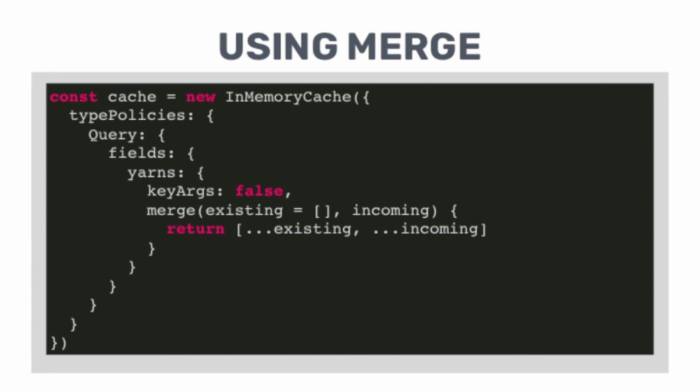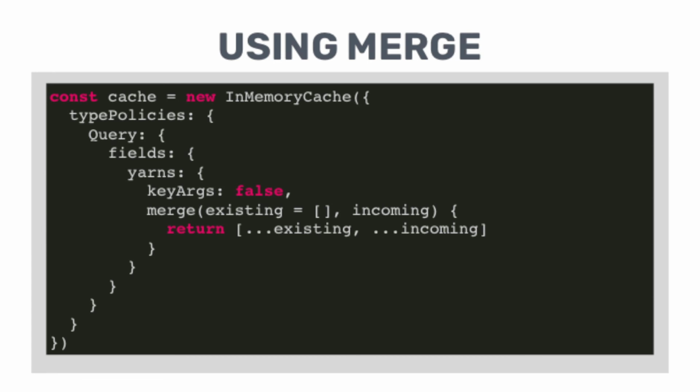What we want to do is define a merge in this field policy in order to have all the data in one array, so that it's coming from the cache as one array, and not as separate entities based on arguments. So in this case, we don't want any of these arguments, because we want everything combined.